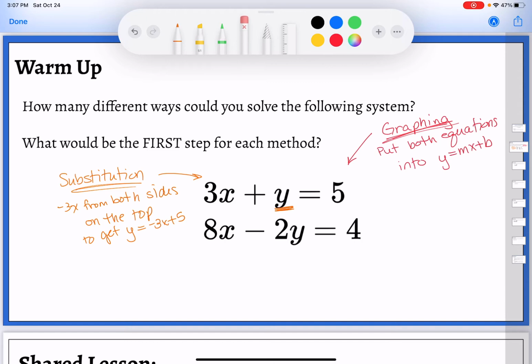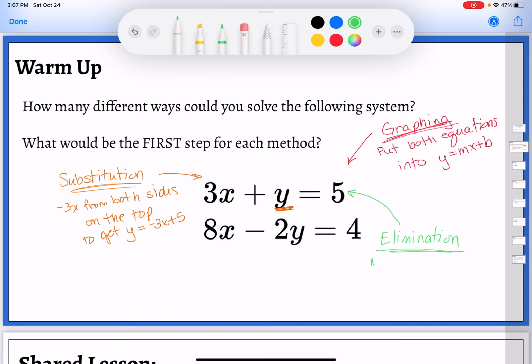So I could use substitution, and I'd only have to move one thing and it would be set and ready. I see I could also use elimination fairly easily, right? I could use elimination by taking that top equation and multiplying everything by 2. If I multiplied everything by 2, I would have 6x plus 2y equals 10, and the positive 2y and the negative 2y would eliminate when I added them together.